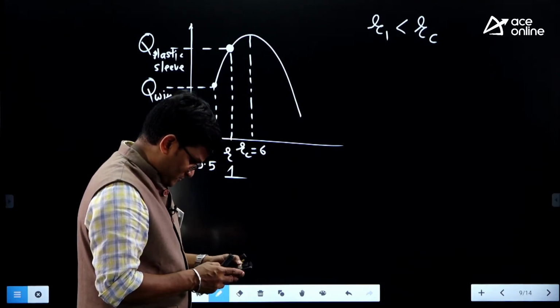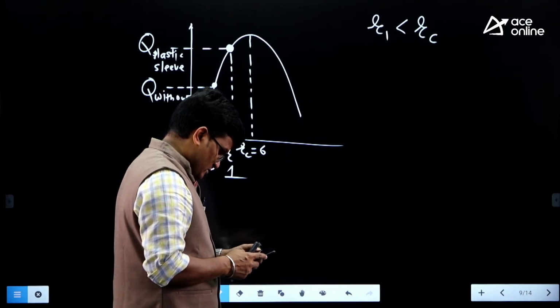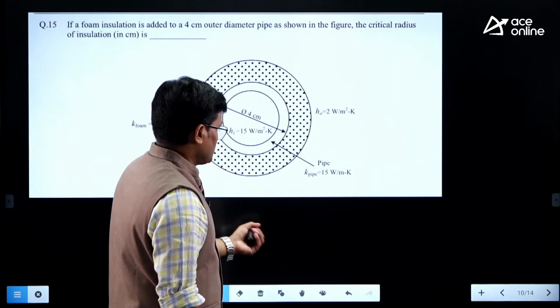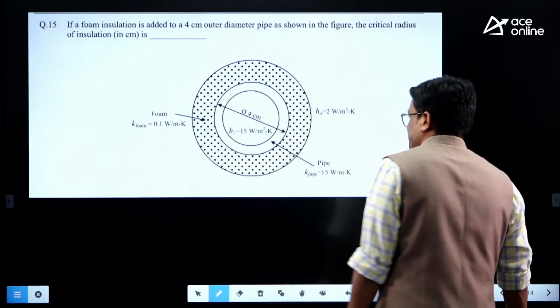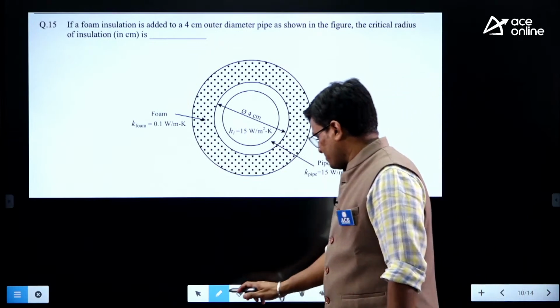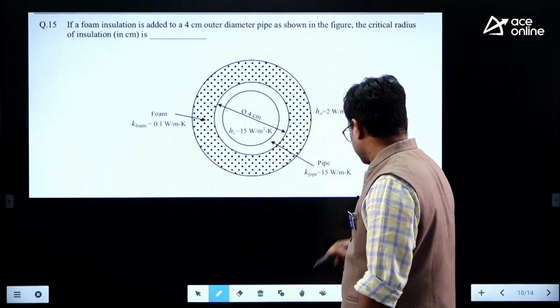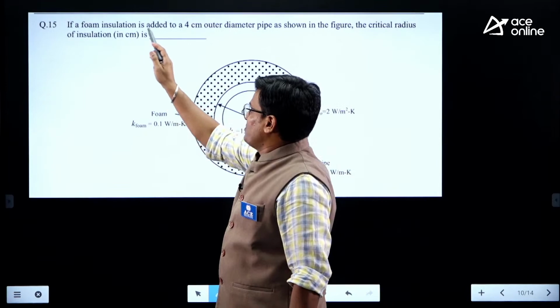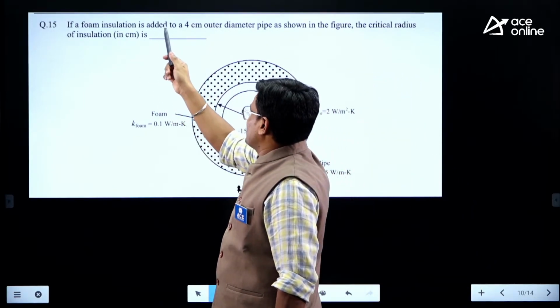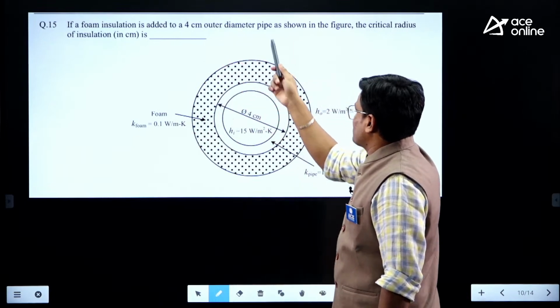Okay, next question. This is from a previous GATE. What is the question all about? Question: if a foam insulation is added to a 4 centimeter outside diameter pipe.